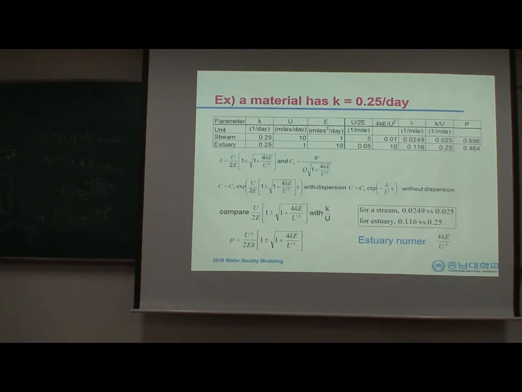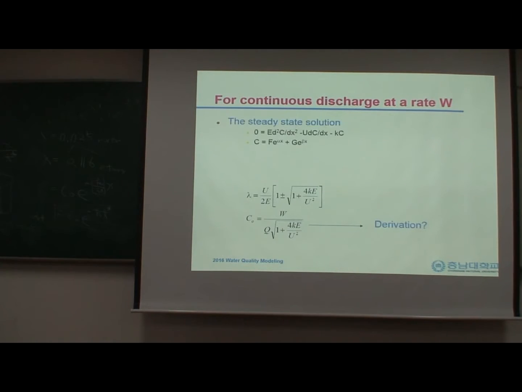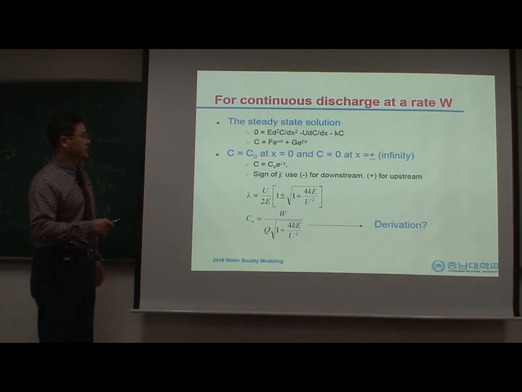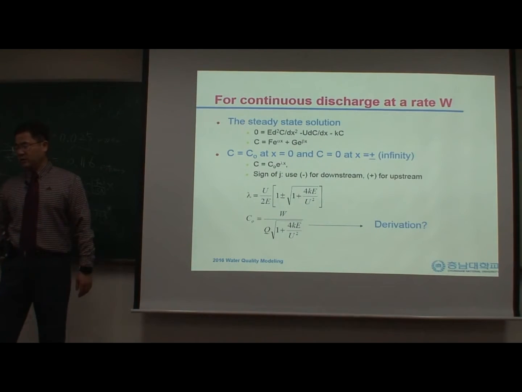So I just said compare this lambda and k over u, and the original meaning of those was the exponential, the power term, right? So you know now those meanings. Okay. And the steady state solution is like that, and for the estuary we have a solution like that, and we now know lambda is that.